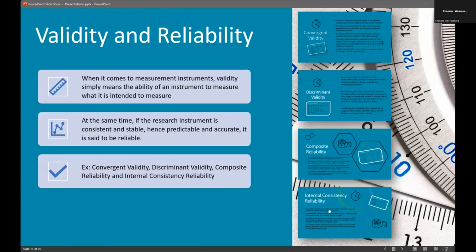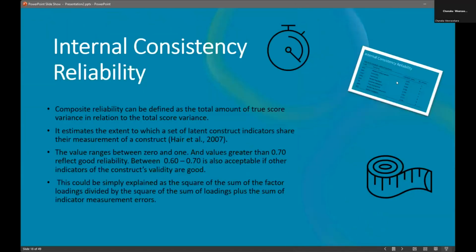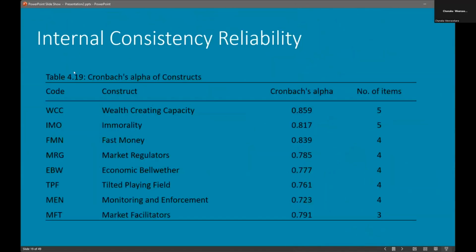I hope that you joined the previous session where we discussed analysis methods and all those softwares. So hopefully during those sessions they discussed the Cronbach alpha calculation. You can get the output from SPSS, so that you can report that internal consistency, reliability this way in a table.